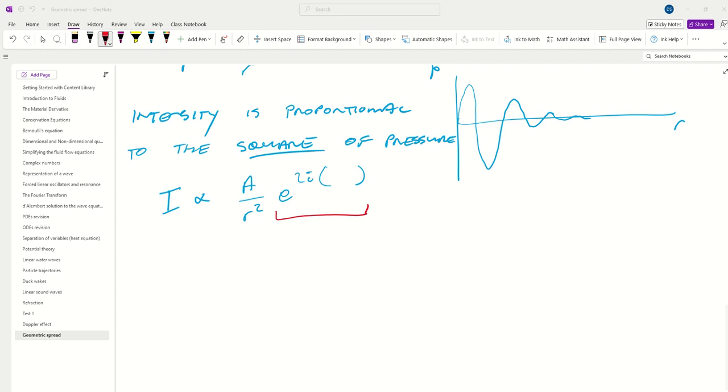This is just a wavy bit. What we care about is this. This is how the amplitude or the volume of the sound is decreasing. So it's decreasing like an inverse square law, right?